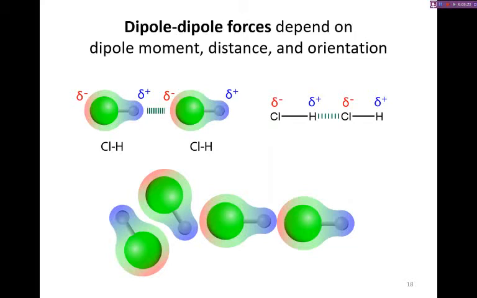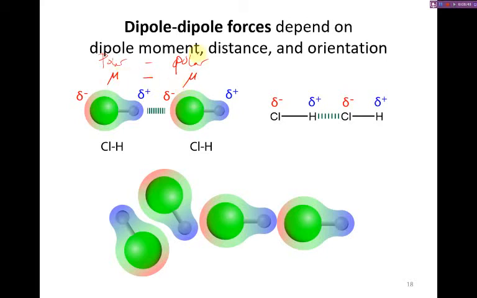The next type of interaction we're going to talk about are called dipole-dipole forces. The reason why they're called dipole-dipole forces is because we have two molecules that are polar that are adjacent to each other. Because if it's a polar molecule, then it has a dipole.